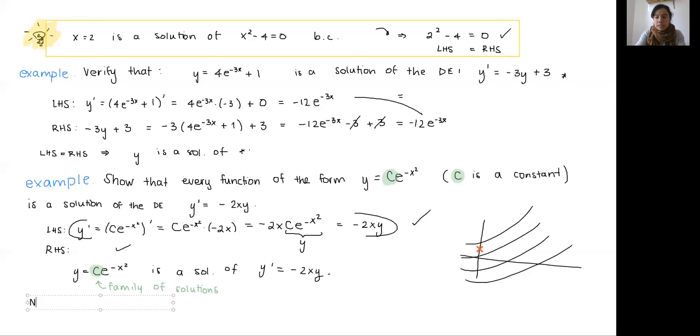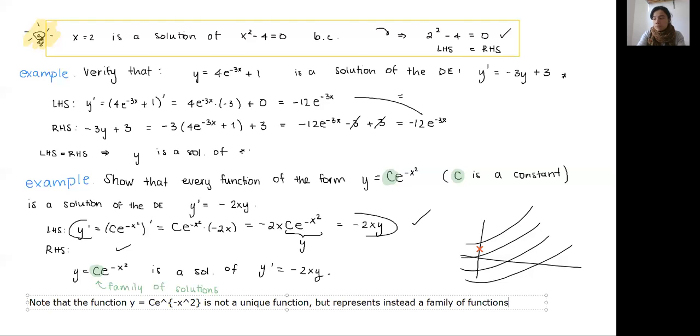So we can notice that the function y is equal to c times e to the minus x squared is not a single function, is not a unique function, but represents instead a family of functions, right?